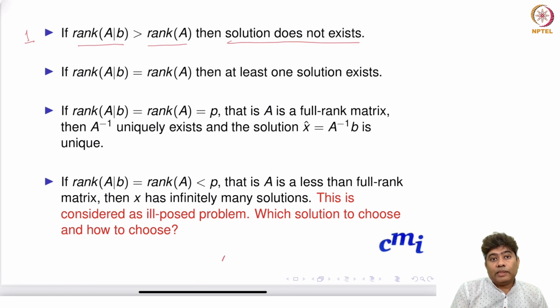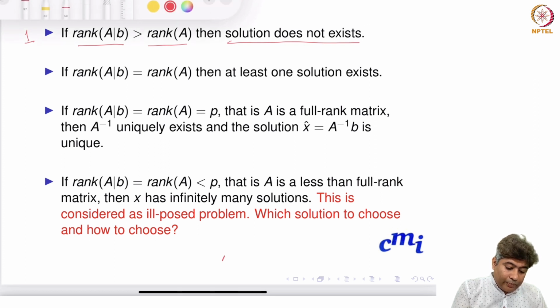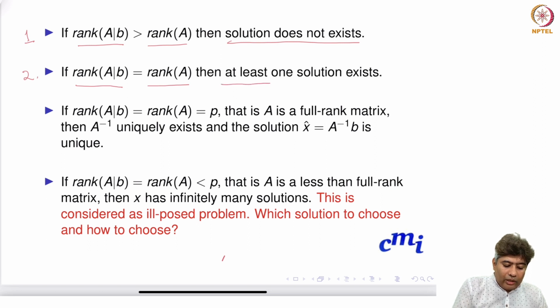For that particular system, a solution will not exist. So this is completely out of the window. The second condition is if the rank of A augmented with B is equal to the rank of A, then you can ensure at least one solution exists. There could be more than one solution, but at least one solution does exist.